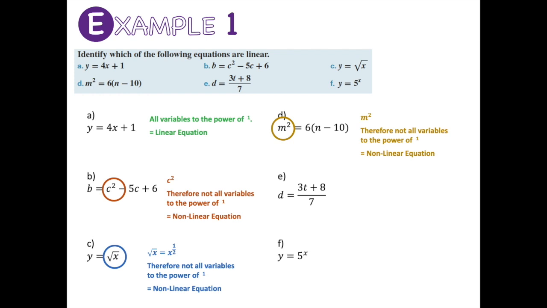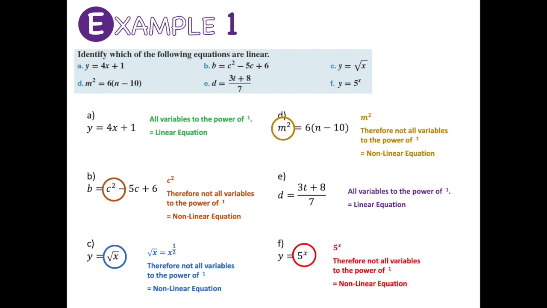Having a look, we've got no powers greater than 1 in our equation, so that equation will be a linear equation. In F, we have y equals 5 to the power of x, and we can see that we've got a power other than 1. So y equals 5 to the power of x is also going to be a non-linear equation.